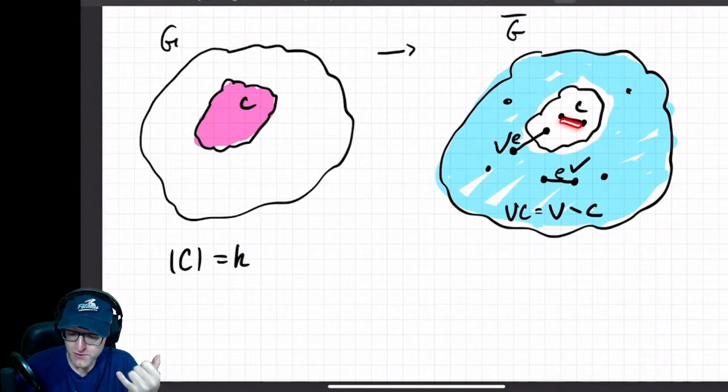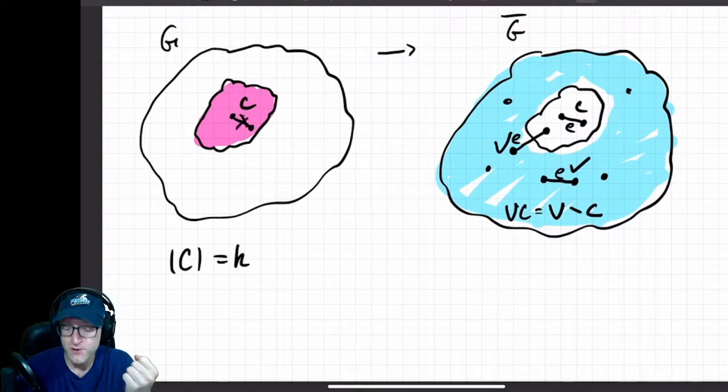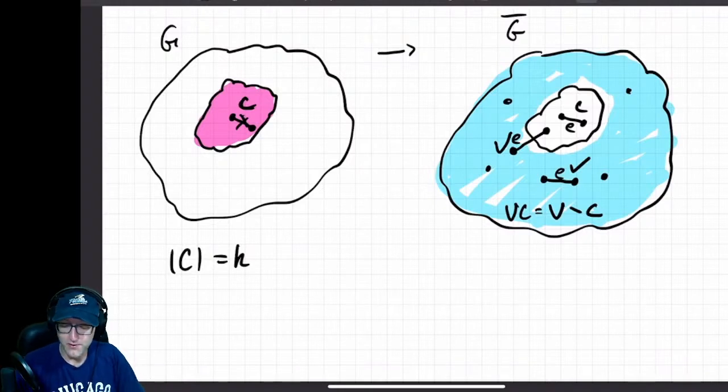Let me go ahead and call that E. By way of construction, that would not be in the original graph. Therefore, I would have two vertices in my supposed clique that are not connected to each other. And so that's basically the argument right there. That this is not possible.